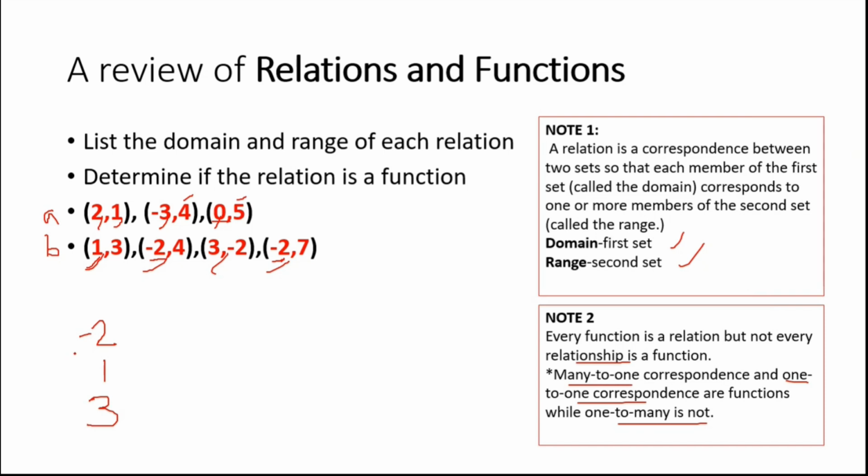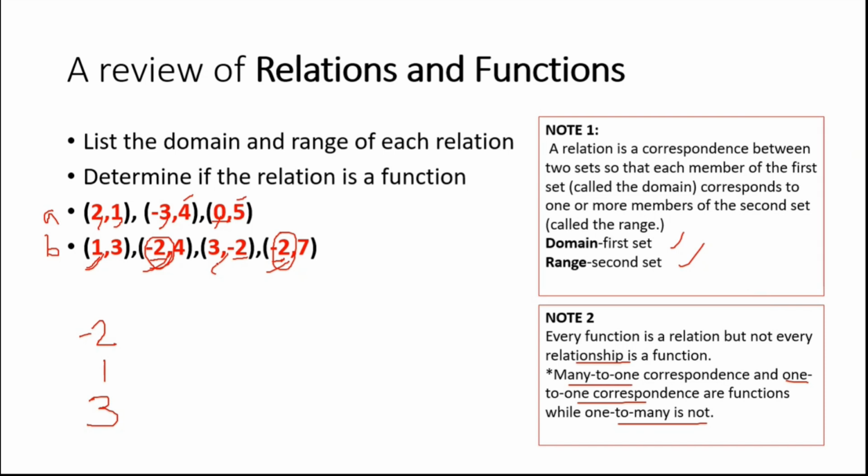Okay, let's check. The lowest one is negative 2. As you can see here, we have negative 2 and then negative 2. If there are two of the same number, it is not necessary to write negative 2 twice, so just copy one in the mapping representation.